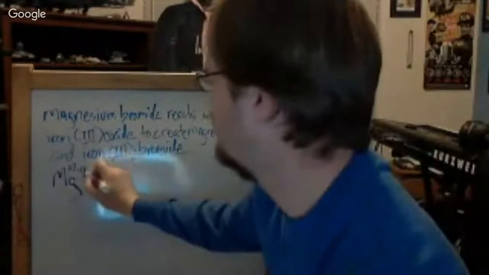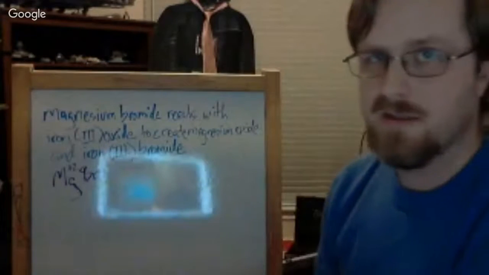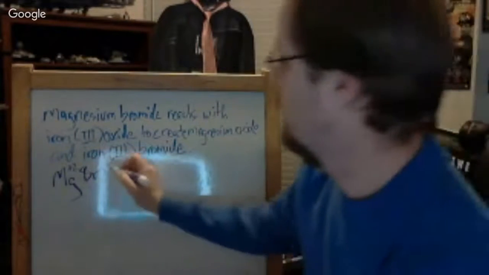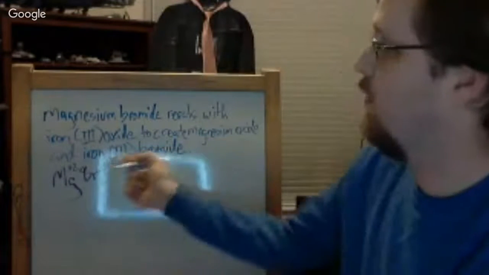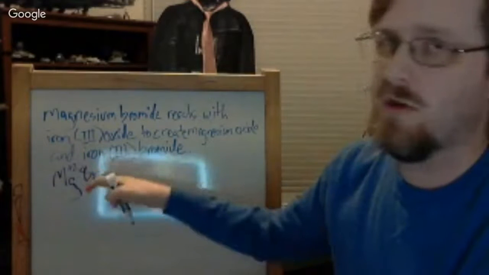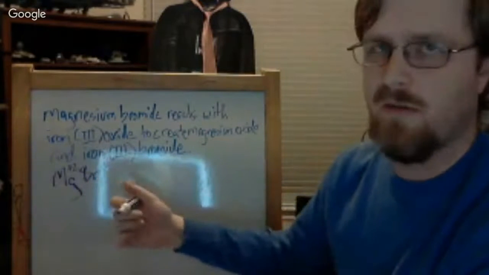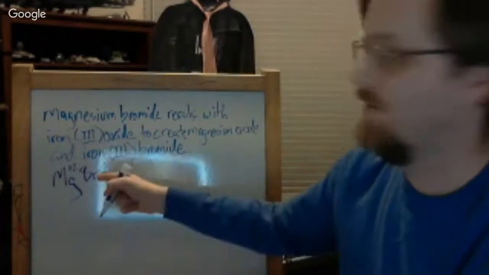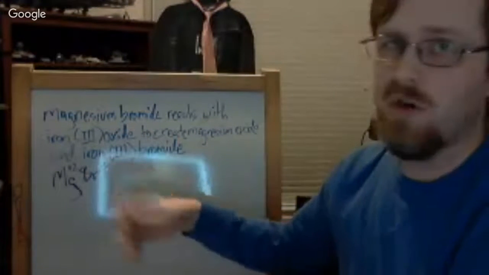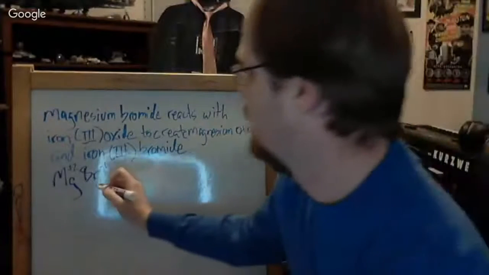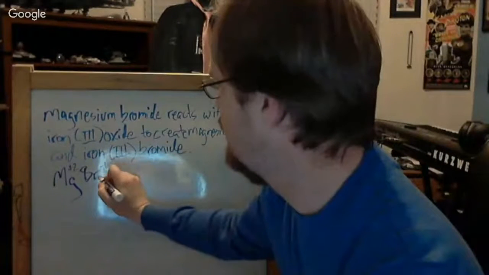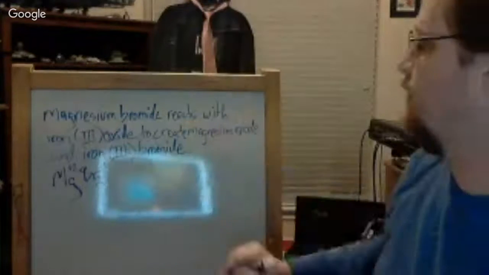Bromine is Br. It's in group 7, so that has a charge of -1. Remember, if the charges are the same number, then you just need one of each, and then you can move on. But where the charges are not the same number, we're going to switch them to get our formula. So this becomes MgBr2.